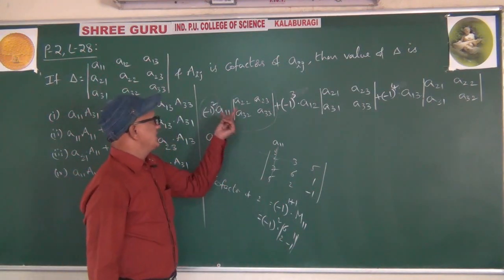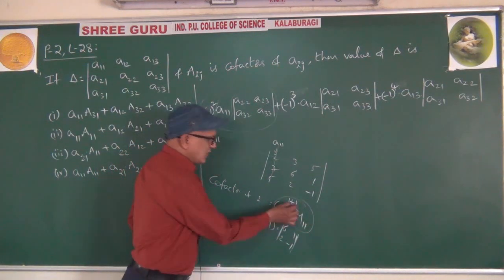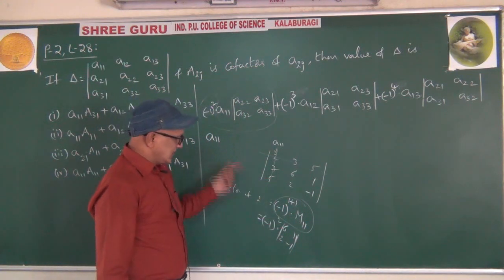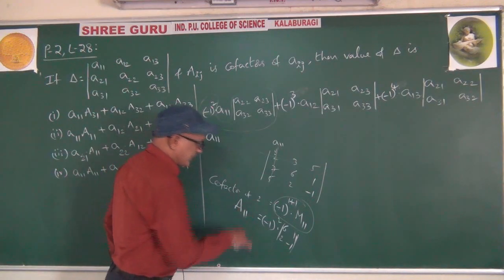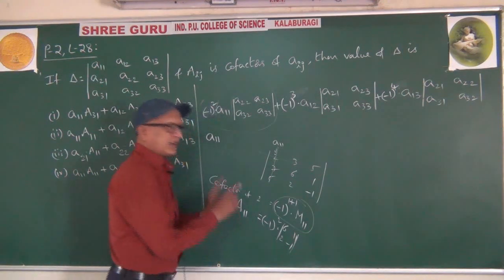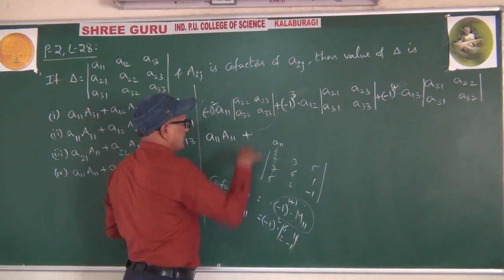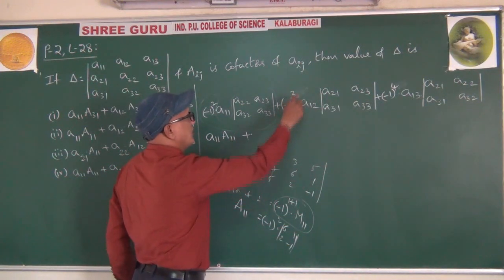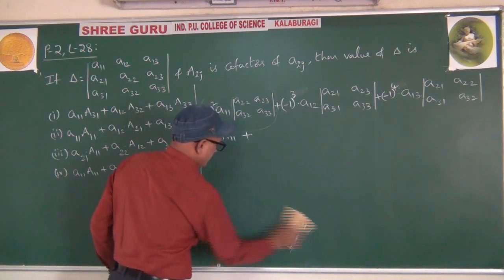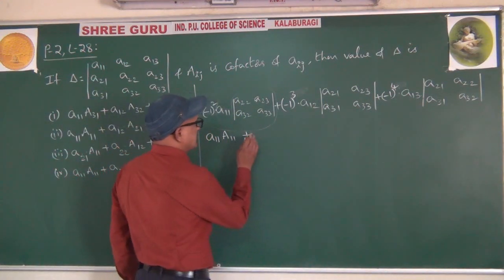Right? Same thing is here. A11 keep as it is. The remaining part is minus 1 whole power something into a determinant. This is the first row, first column element's cofactor, so this can be written as capital A11. Minus 1 whole power 3 in the sense minus.